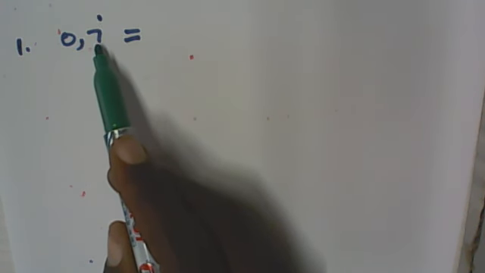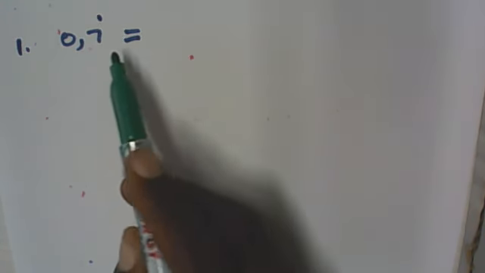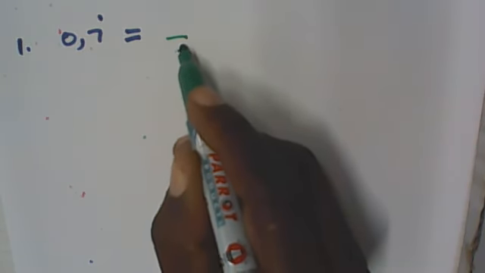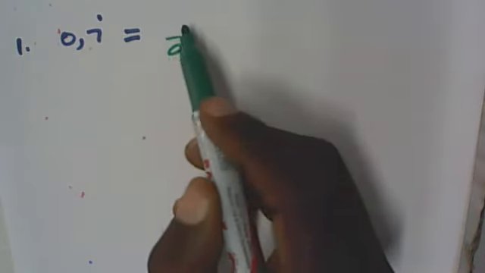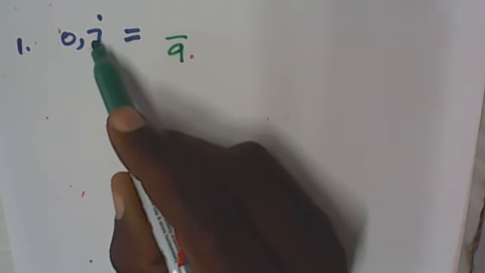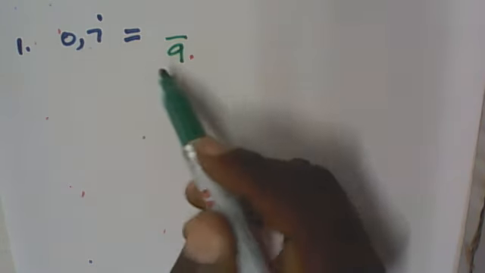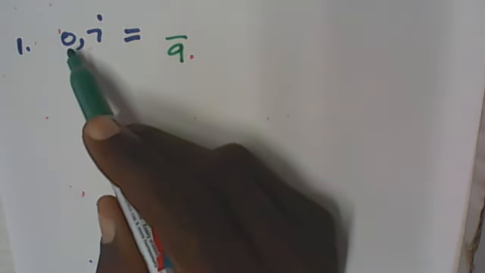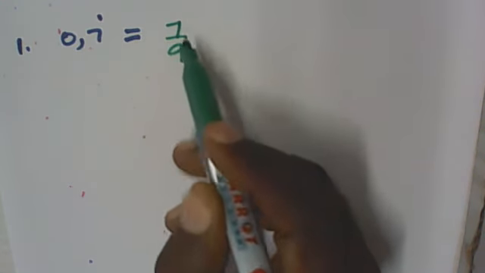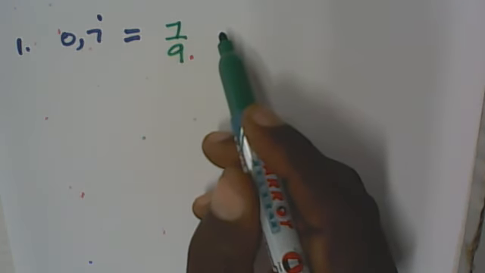We have only one number recurring, so that is 10 minus 1 for the denominator. 10 minus 1, that is 9. And then you put the recurring digit, plus 0 over 9, which is 0. Then you are going to get 7 over 9. You are done.